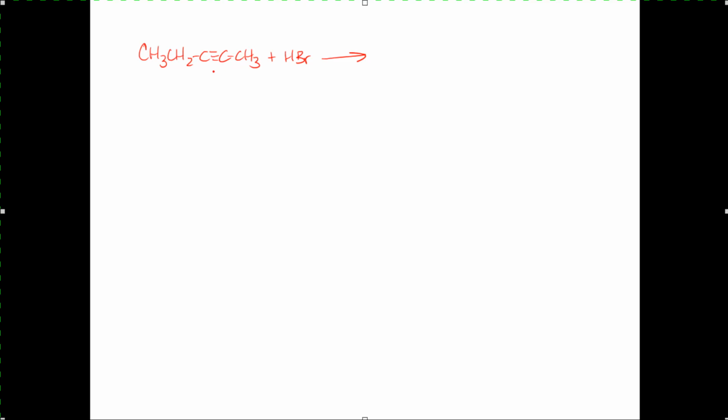So if this is an unsymmetrical alkyne, meaning that there are different groups attached to the triple bond, you would actually get a 50-50 mixture of products. So I would add the H to the carbon, let's say on the left, get a double bond, and then add the Br to the carbon on the right.